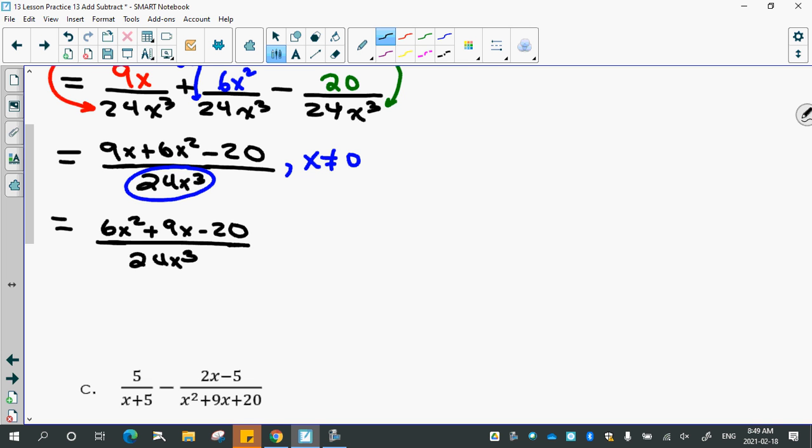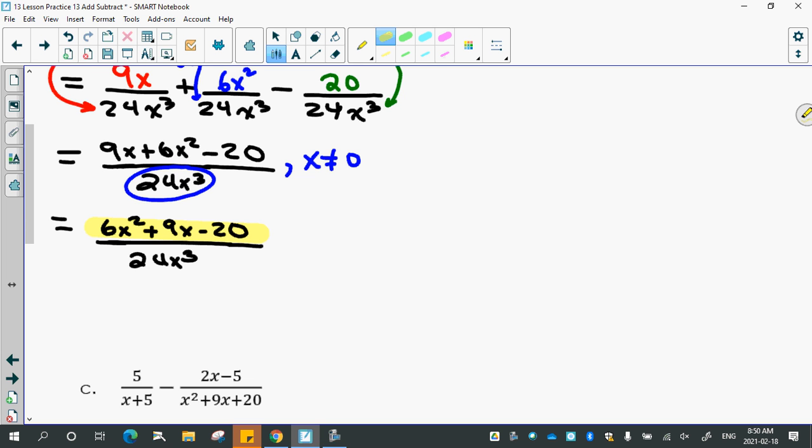As long as they've got the same sign in front of them. So I've got the x squared term first, and then the term with an x, and then the number. So now if I'm using my factoring flow chart, and I'm just looking at the numerator alone, is there a common factor? No. Count the terms. 3. If it were able to be factored, what type of factoring would it be?